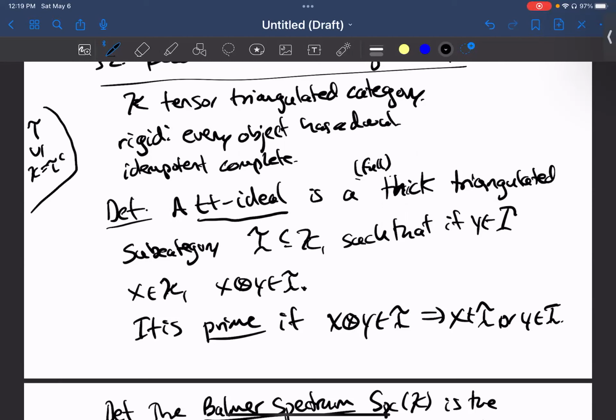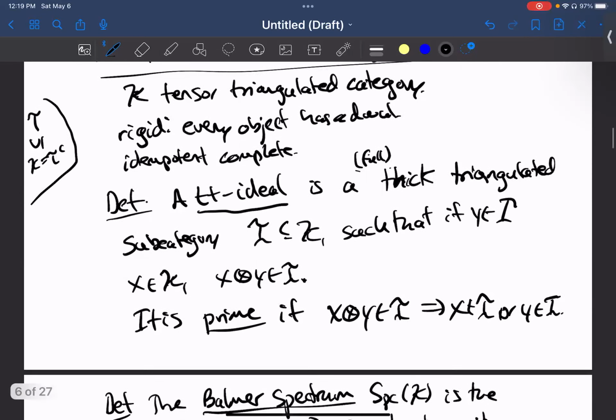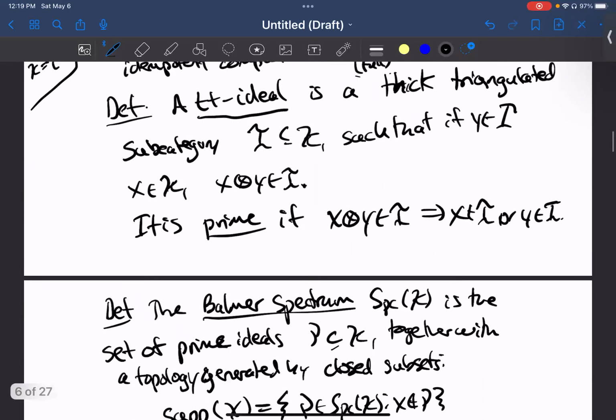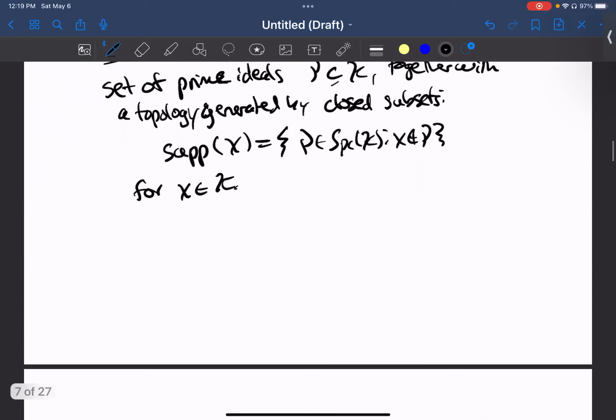And there's a bunch of variations on this where you don't want to assume some rigid hypothesis or you only work with the rigids. It depends on what you're doing. And there's also a theory of spectrum for the big category developed by Balmer-Favi and the theory of Balmer-Favi idempotents, which has been useful, for instance, in Clausen and Scholze's recent work on complex analytic geometry.